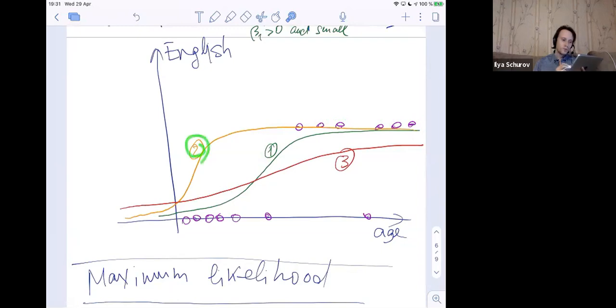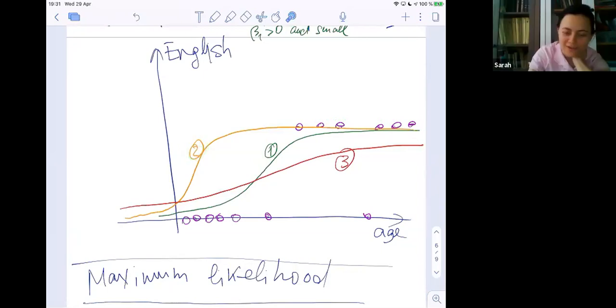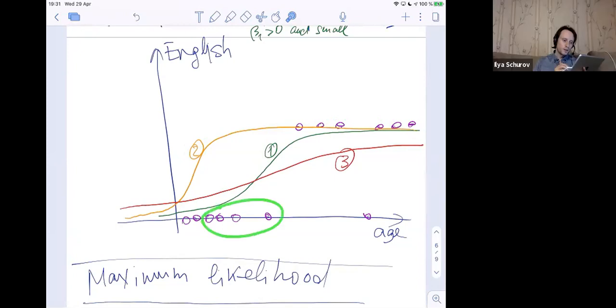Why do we not like curve number 2? It's far from other points. Yes, it is not very good at predicting these values. Here, in this region, we see a lot of data points with value 0. But our curve predicts that at these values of x, the probability to get 1 should be rather large, because this curve is now just a probability.